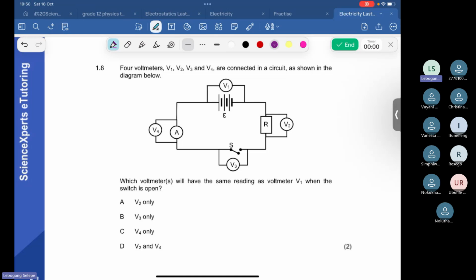Guys, what's your answer to this one? Jaden or B? Okay, why Jaden? So I actually think it's V4C.